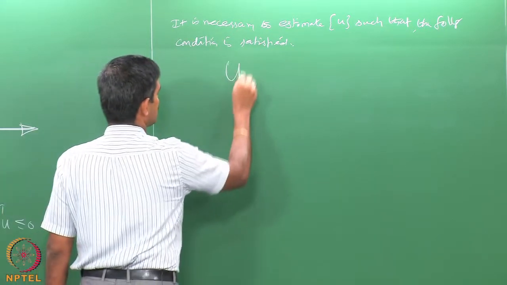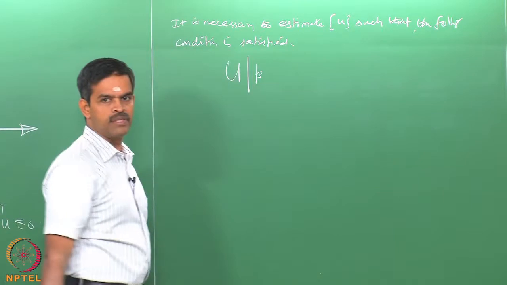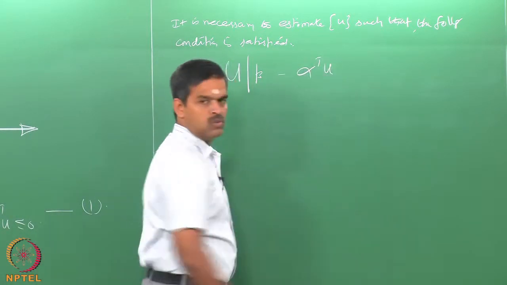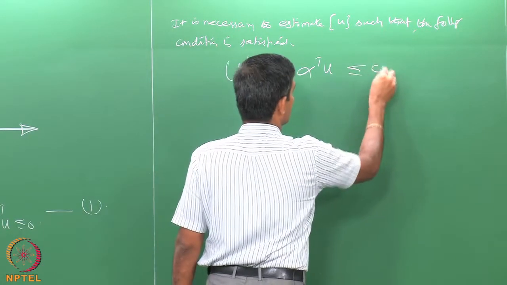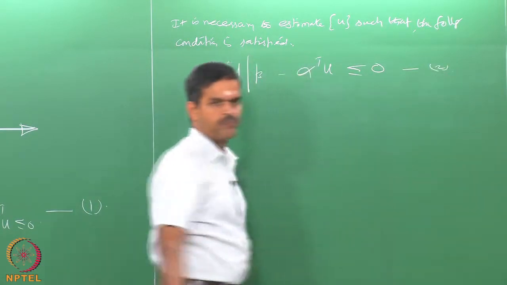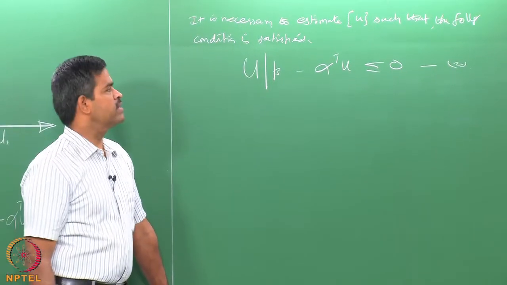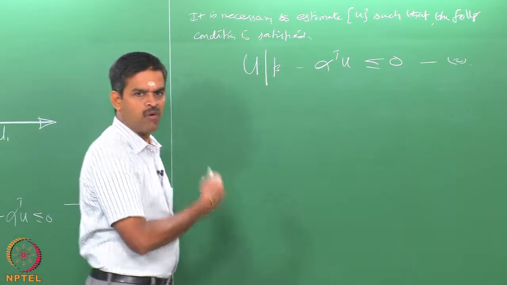The condition is u given beta minus alpha transpose u should be less than or equal to 0, equation number 2. Now, let us see how to estimate this u. There are different steps involved in this.